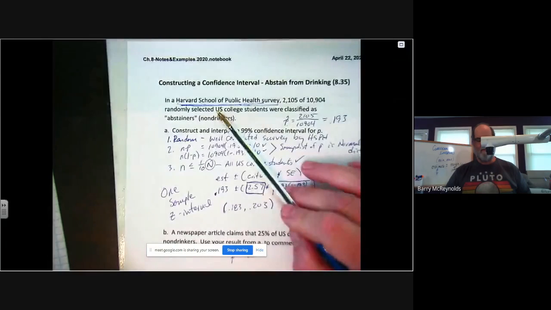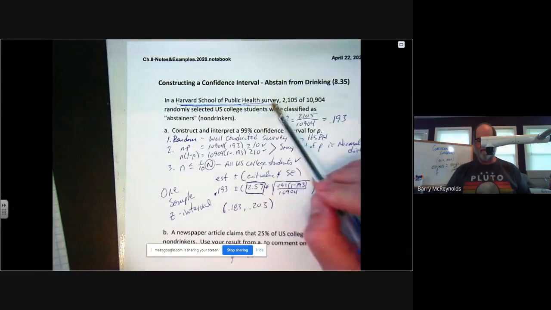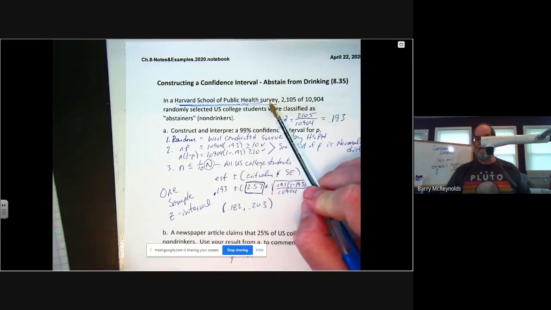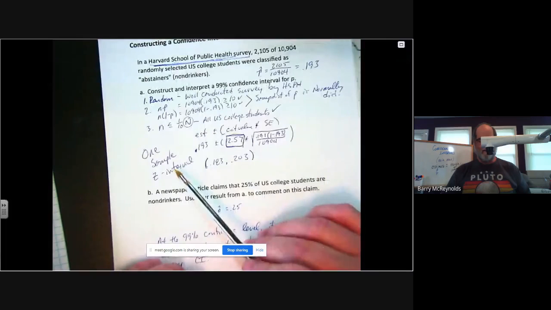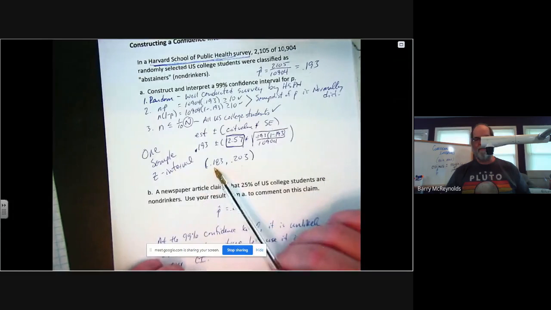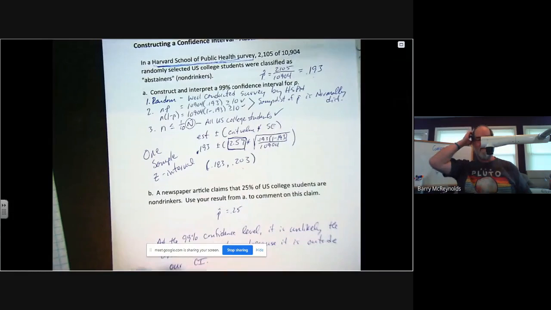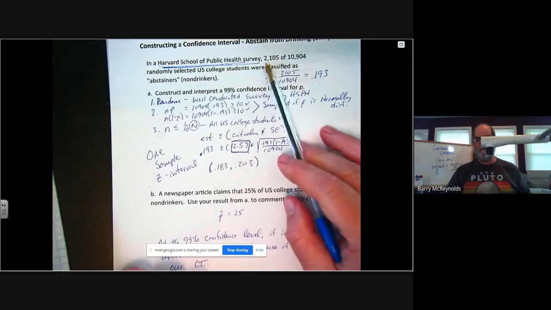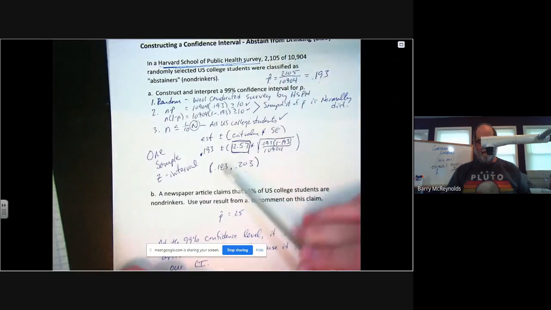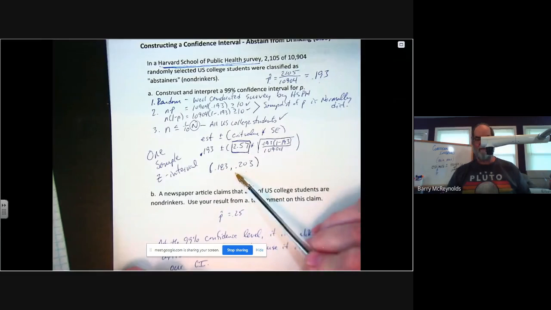because we only took one poll. The Harvard School of Public Health conducted a survey. They didn't conduct 10 surveys over a period of a month. They conducted a single survey. So what we have here is a one sample Z interval. If we had data where they had conducted more than one survey, then we'll be able to sharpen the pencil a little bit here.